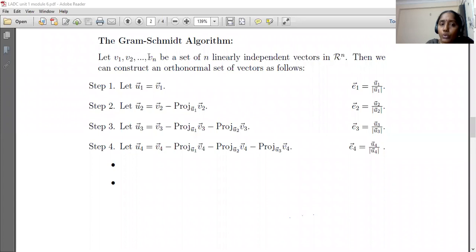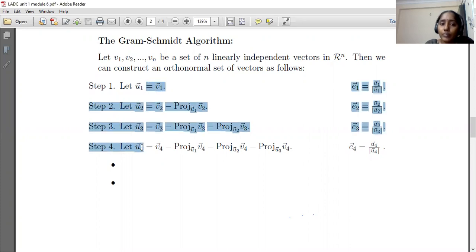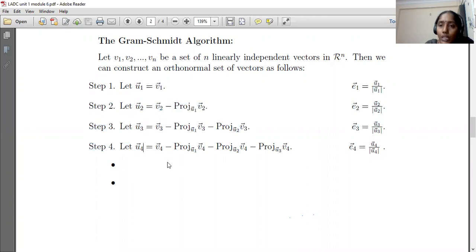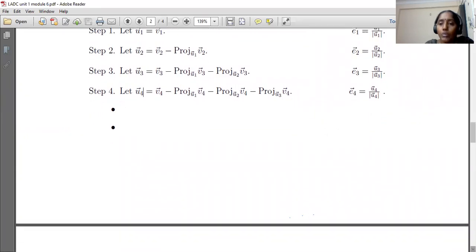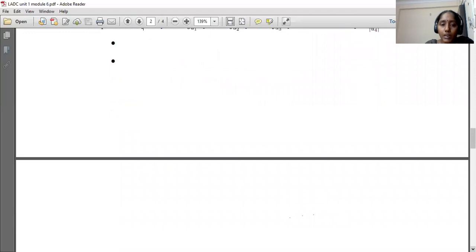Here V1, V2, up to Vn are considered linearly independent vectors. By using them, we find orthogonal vectors, and then normalize them by dividing each orthogonal vector by its length. Now we are going to some examples.